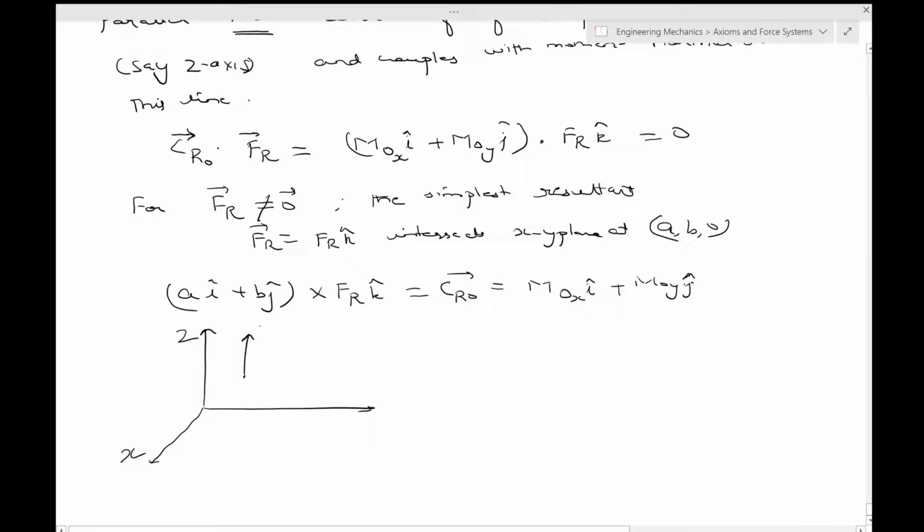Say F1 is over here, Fi is over here, and similarly Fn is over here. Okay, so the forces are parallel to the z-axis, and couples have moments normal to this line. So the couples will have components in the i and j. So let's say this is the Ci.